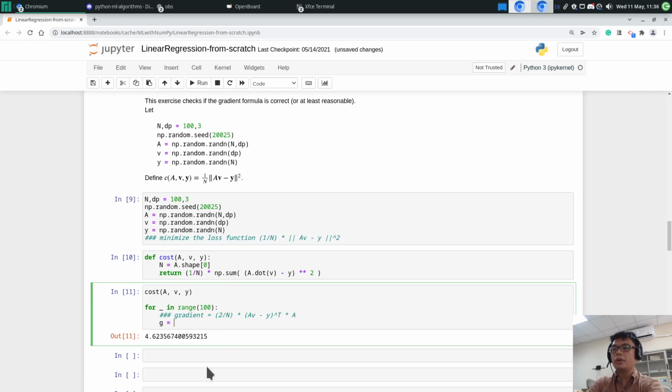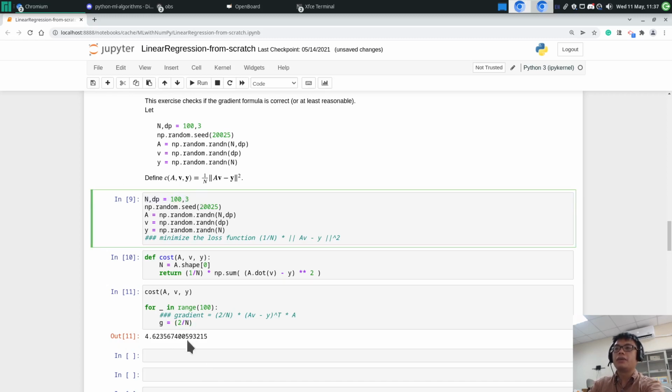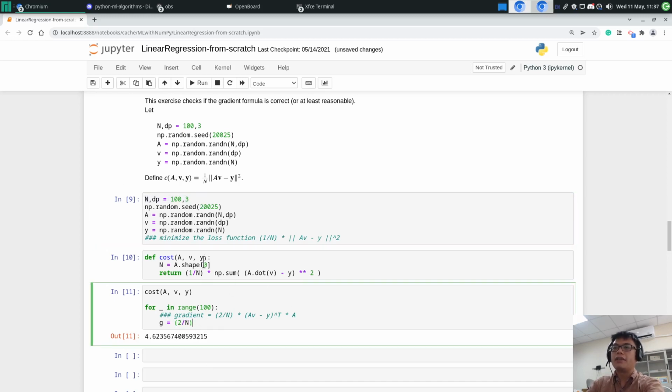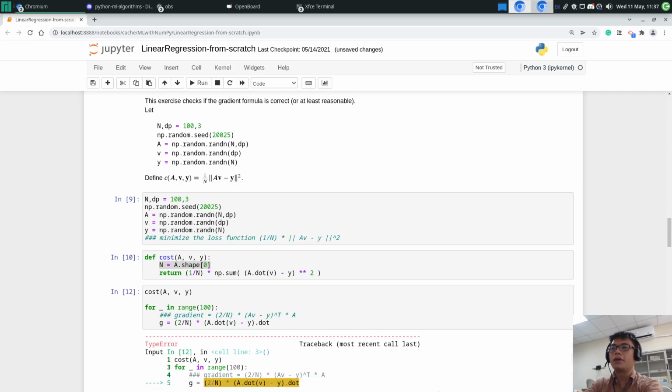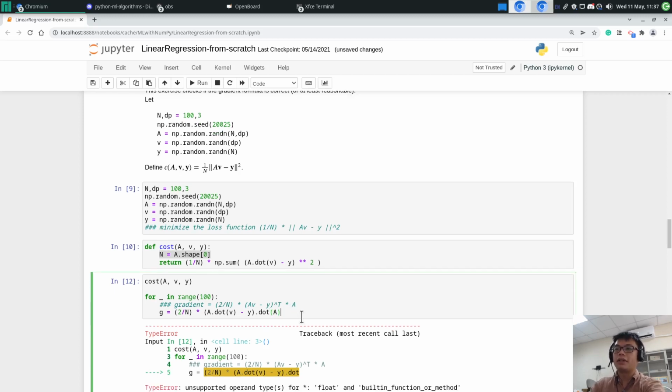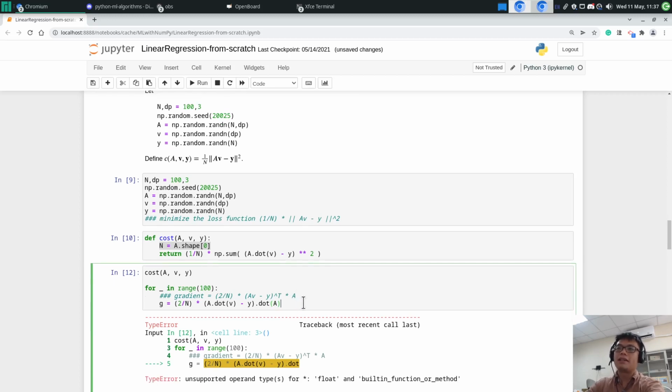N is defined here, so we don't have to do it again. We define it again inside the function. So we have that, and times A dot v and minus y, all these things. We don't really need to do the transpose. If you do the dot from the left with A, then it is automatically the desired thing.